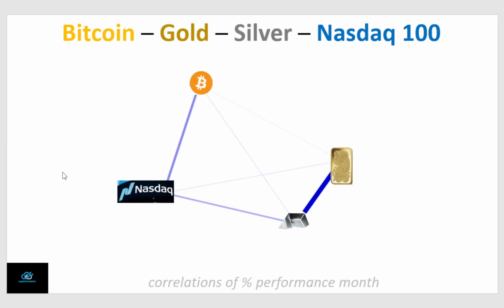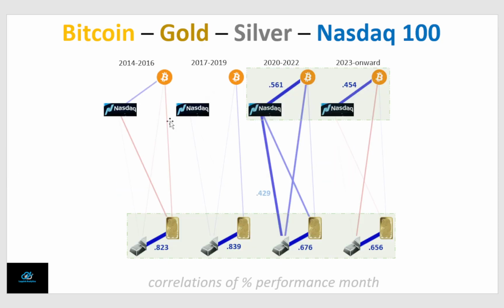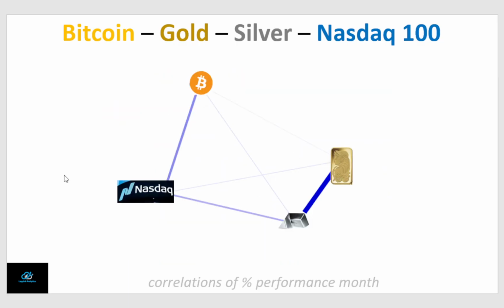Okay. I think that this picture of 4 periods gives a more nuanced picture than just a network of correlations across the just over 12-year time period. Nevertheless, I also provide the network for that full time period of 2014 till January 2026, including that month.